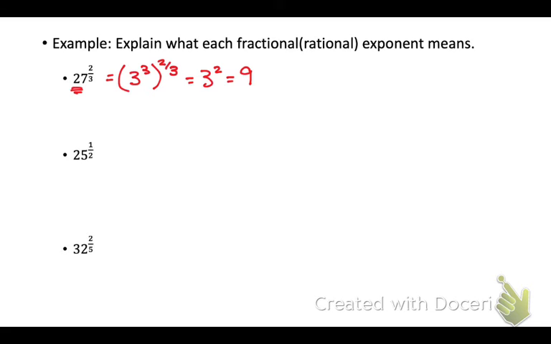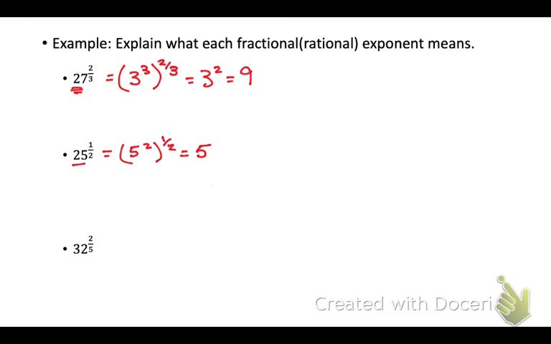Now, they don't all work out nicely. The next one does. Think of 25: 5 and 5, so it's 5 squared, right? So 5 squared to the 1/2 is 5 to the first.